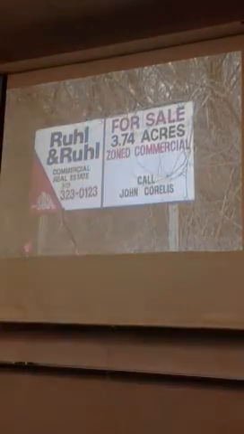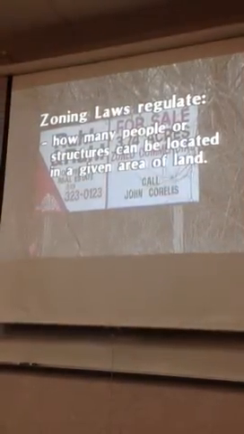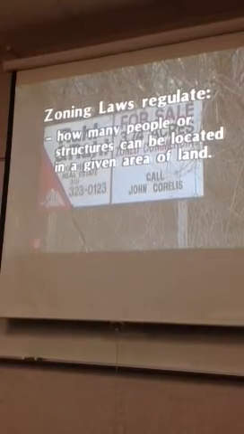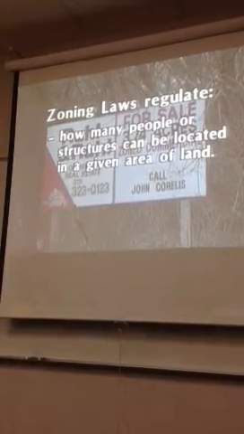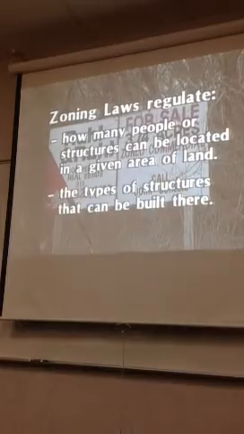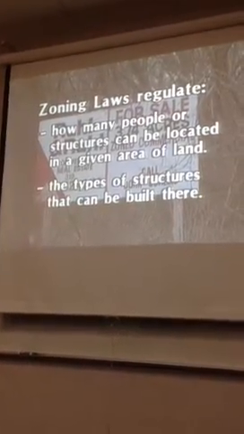That's pretty close. Zoning laws regulate how many people or structures can be located in a given area of land, as well as the types of structures that can be built there. For example, commercial zones are intended specifically for structures like malls, restaurants, and grocery stores.